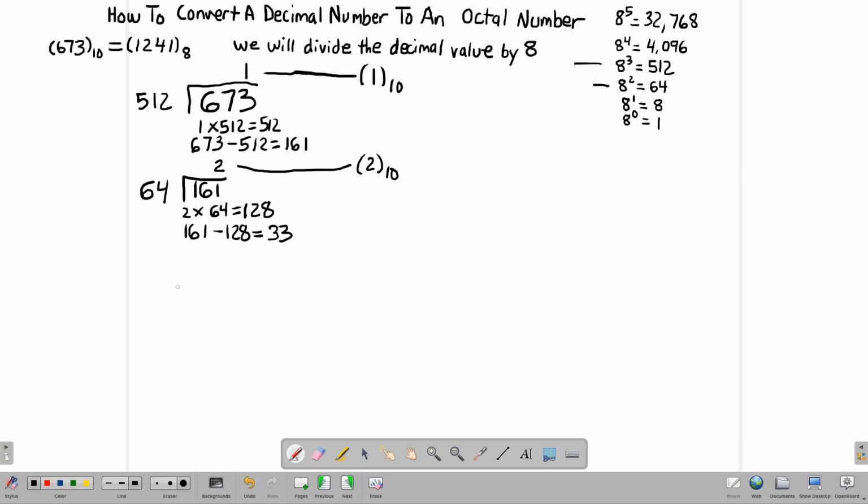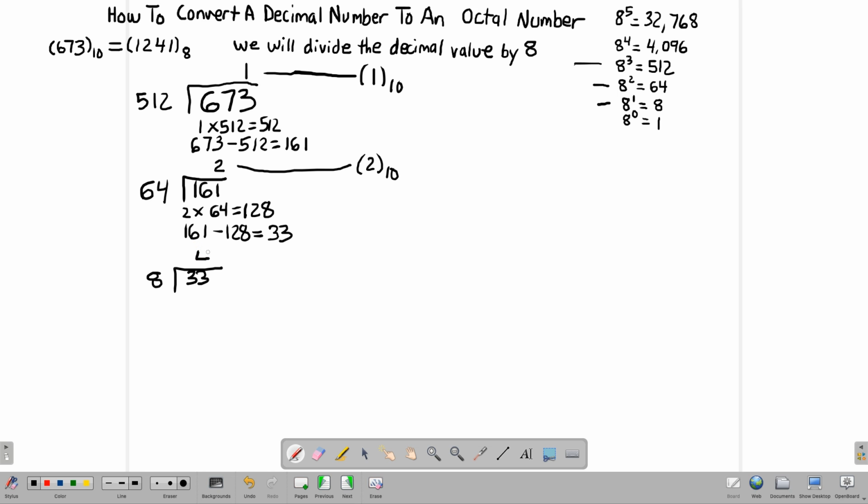All right, so we continue to divide. We take 33 and divide by a multiple of 8. So we've used 512, we used 64. These values are greater than 33, so we take the next highest value that's not greater than 33. It would be 8 to the 1st power, which will produce the value 8. So we divide 8 into 33, and it divides in 4 times.